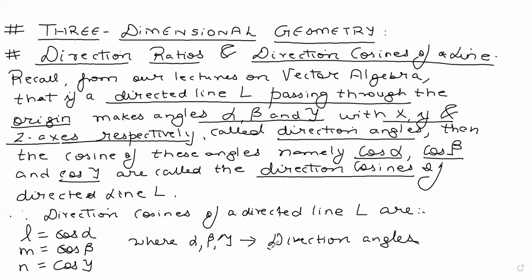These are called direction angles, and the cosines of these angles, L, M, and N, which are cos alpha, cos beta, and cos gamma, are called the direction cosines respectively. Then let's understand what is meant by direction ratios.